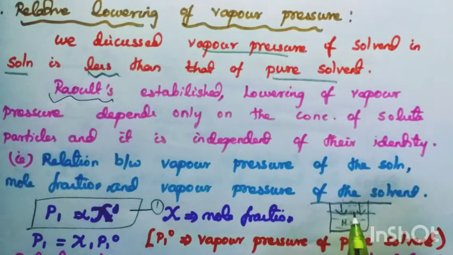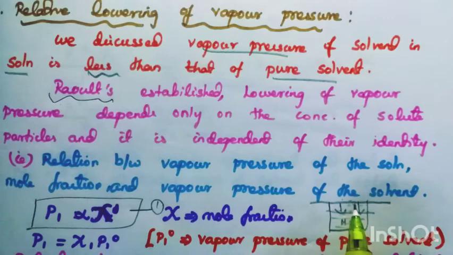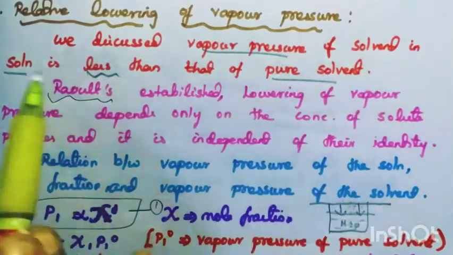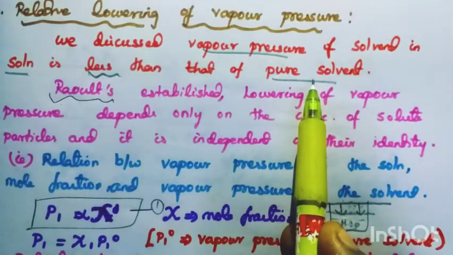Only the solvent is volatile. The non-volatile solute we added does not vaporize, only the solvent vaporizes. So some of the surface area is occupied by the solute, and now the vapor pressure decreases. So for the pure solvent the vapor pressure is more, and for the solution it is less. That is, the vapor pressure of the solution is less than that of the pure solvent.